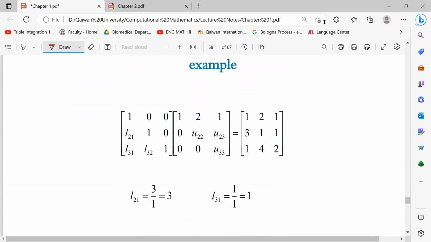That's it. We now replace these by the values we found in the first step.